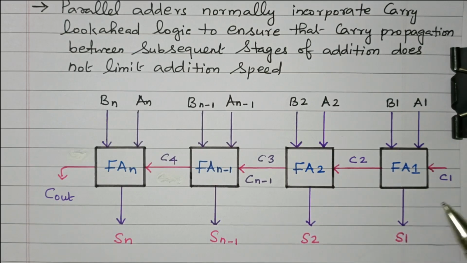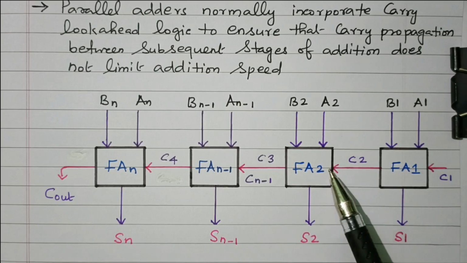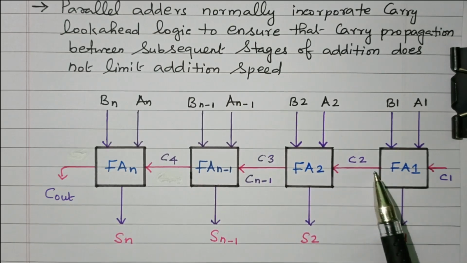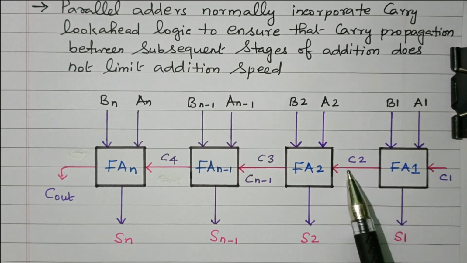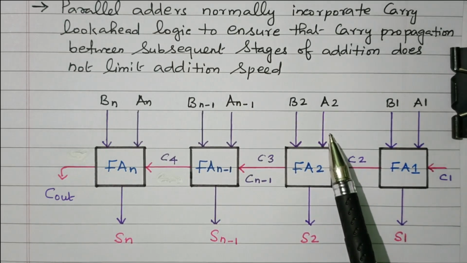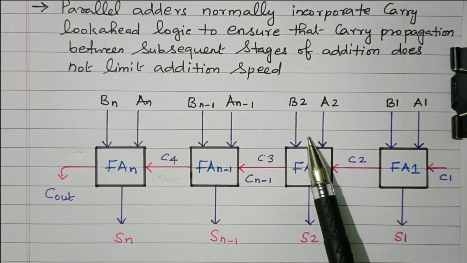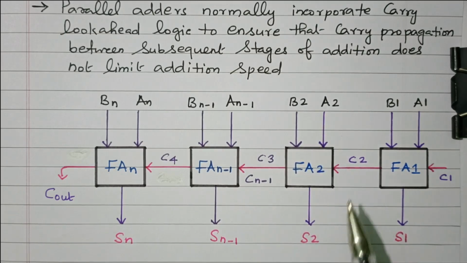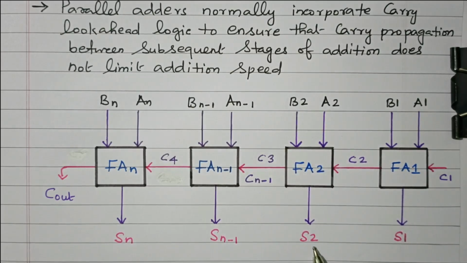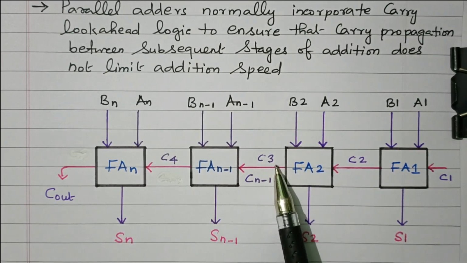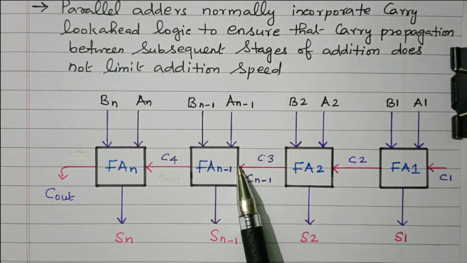After adding, the sum S1 is generated, and the carry is also generated, which is given to the next full adder. This is the carry from the previous digit, and it will add the second bit of the first number, the second bit of the second number, and the carry. It will generate the sum S2, then it will generate carry C3, which is given to the next full adder.